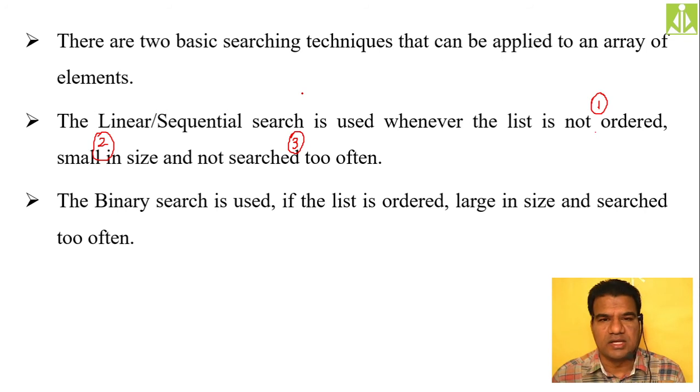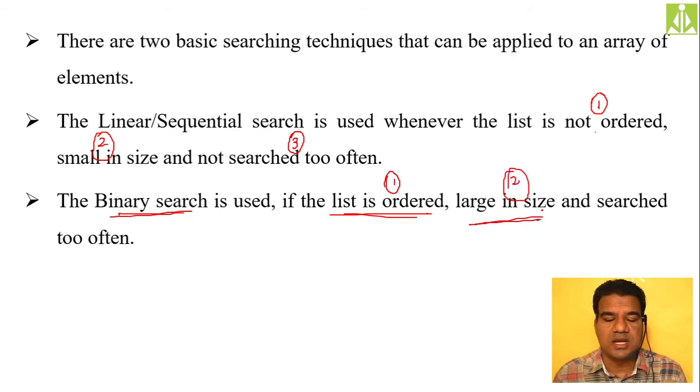We go for binary search in exactly the opposite case: the list should be an ordered list, the second is large size, and the third is searched too often.